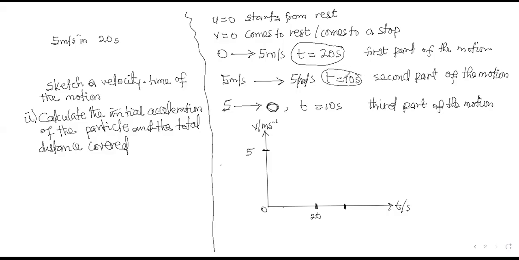So I add 20 and 10. So this will be 30, so that the interval will be 10. Then during the final part of the motion, an extra 10 seconds was used. So that's 10 plus 30, 40. So each stage must give you the time that was used.